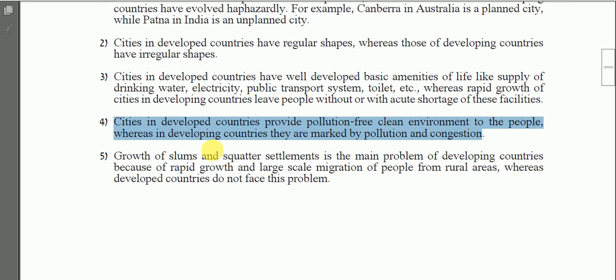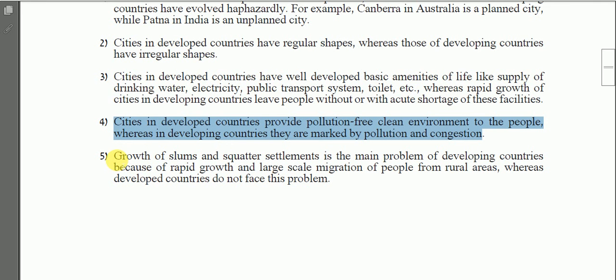Whereas in the cities and towns of developing countries, industries may be there, and there may be pollution, congestion and traffic jams.